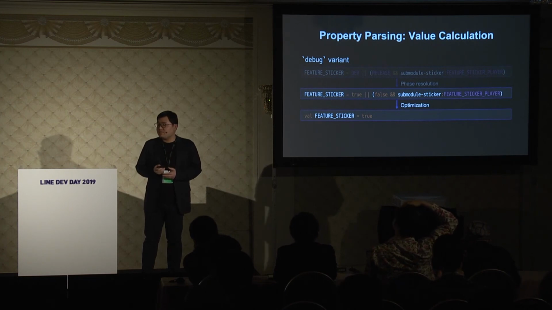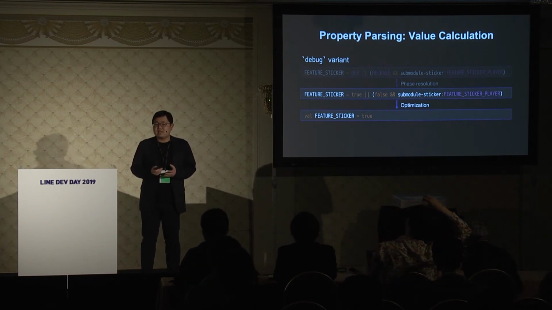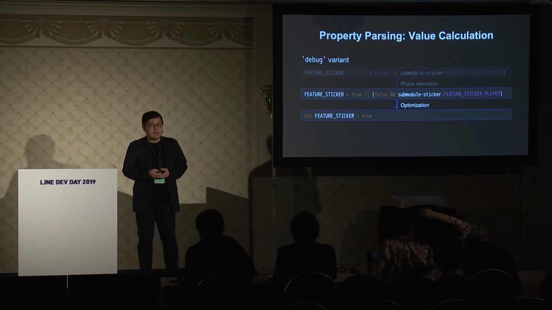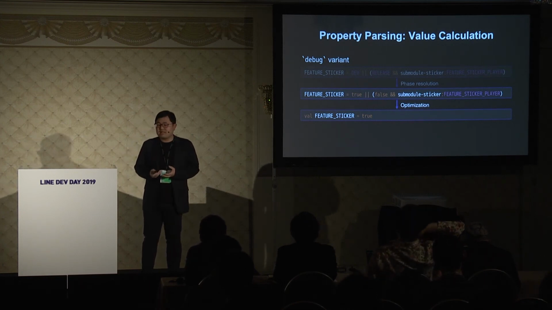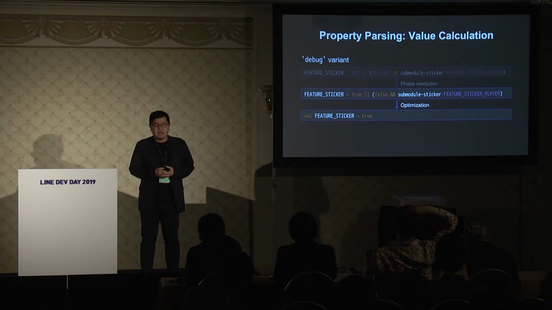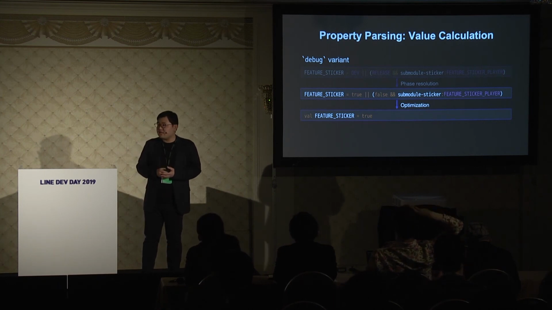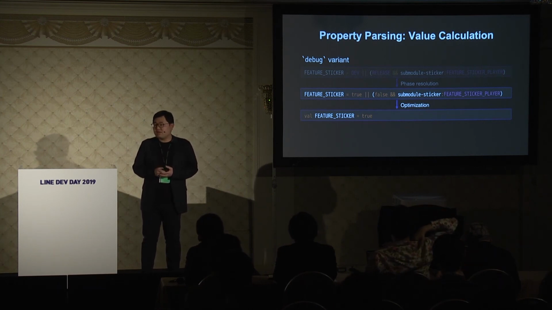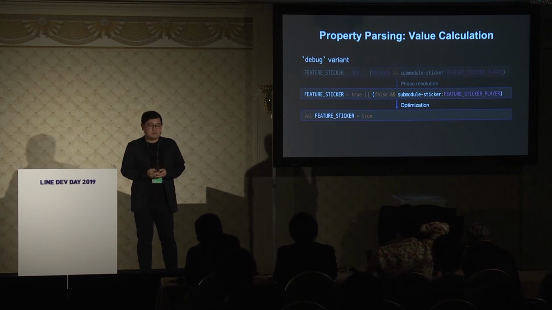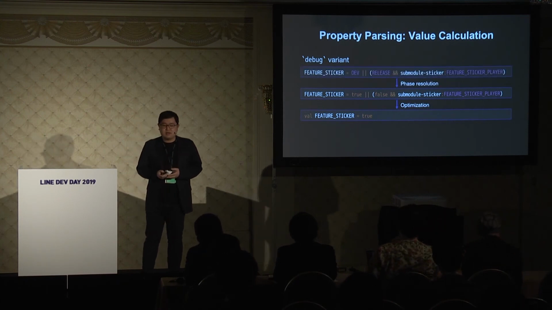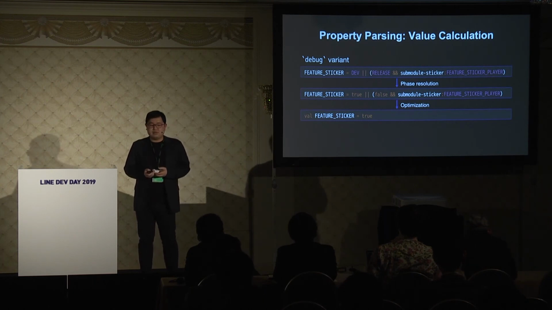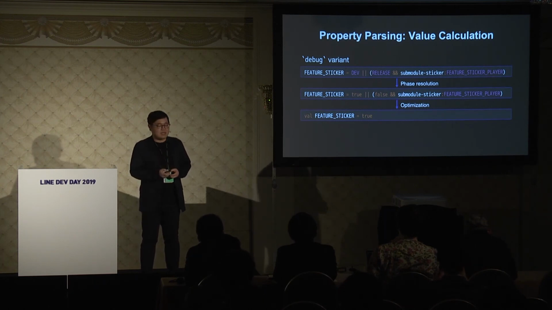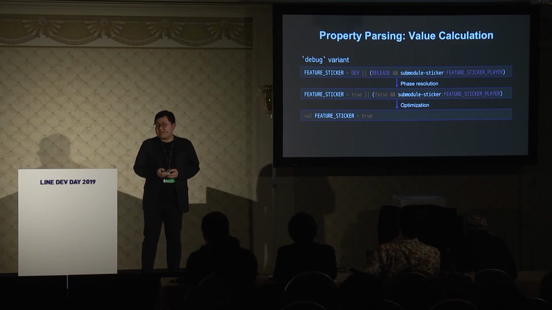Then we delete the elements that can be omitted, which makes it the simplest form. So to the true, we have the or, so the element as a whole would be true whatever the other value is. By doing so, in the debug variant, the feature sticker flag would become true according to our computation.